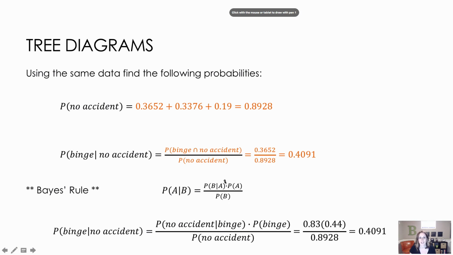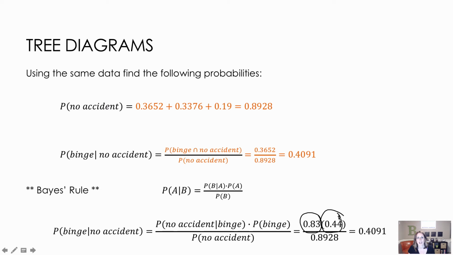Well, let's take a look step by step in this question. The probability of binge and no accident would be first the probability of no accident given binge. Well, that's just that 0.83 because that was the percentage they told us of binge drinkers who weren't in accidents, times the probability of a binge drinker, which was the 0.44 because 44% of people were binge drinkers.